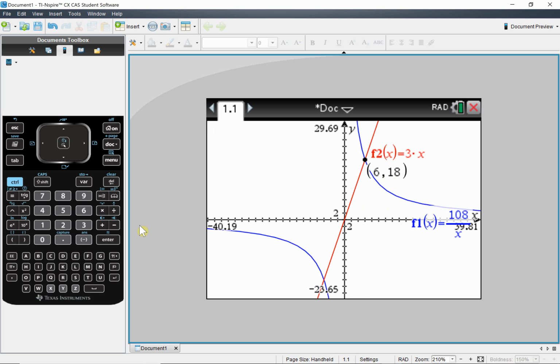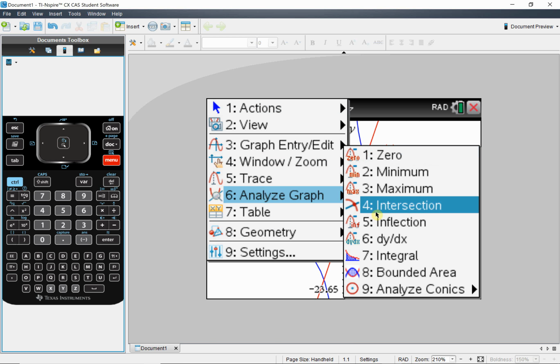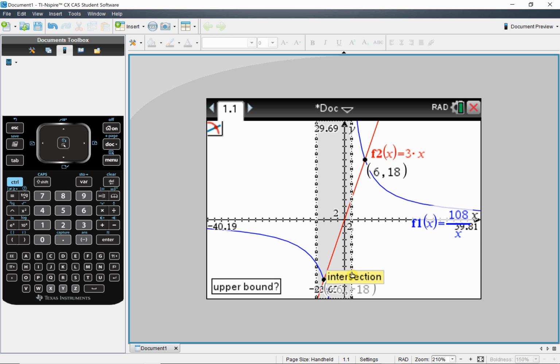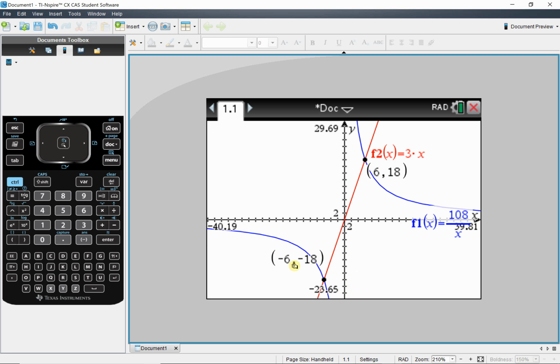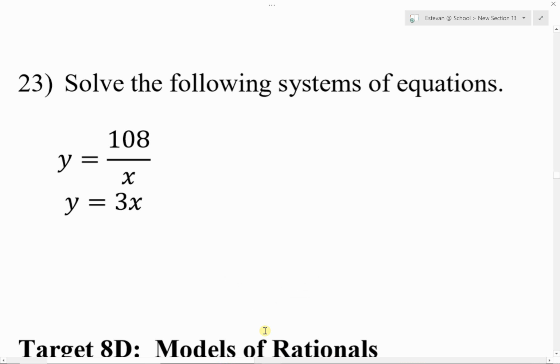One of the answers is 6, positive 18. And the other one will be -6, -18. These two points will be the answer.